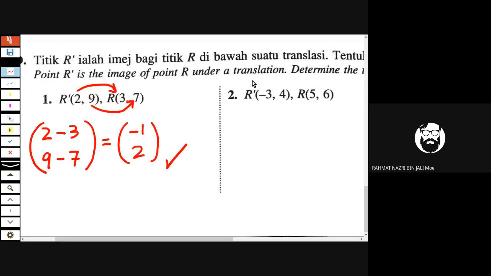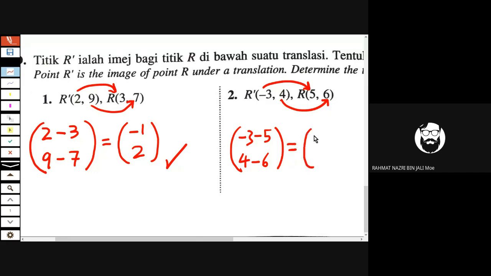Ini pun sama juga, tolak. Di formula dia minus. Mesti dari image lah. Mesti image tolak objek. Metric, ini metric bracket, metric negative 3 minus 5, 4 minus 6 equal negative 8, negative 2.